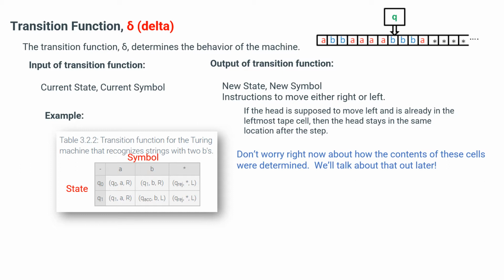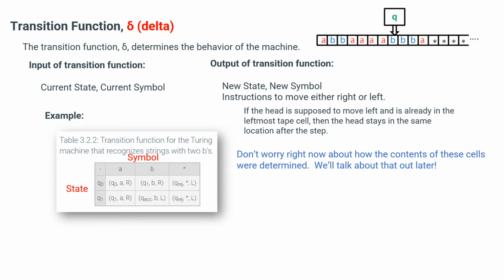But don't worry about it right now, and don't try to think how you come up with all of this. We're actually going to come up with all of this. For now, just realize that this is an example of a transition function where we've got some input, and then we would find what the output would be.